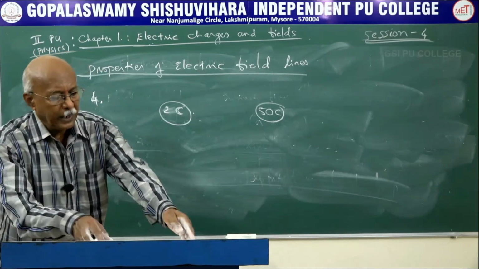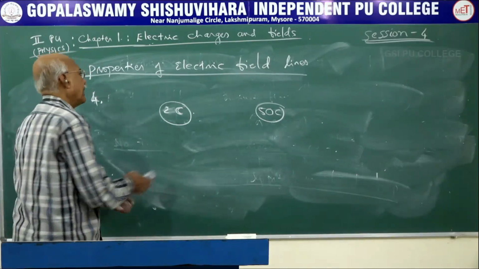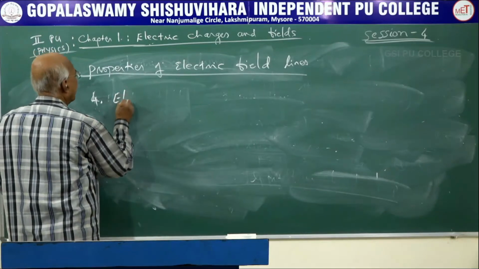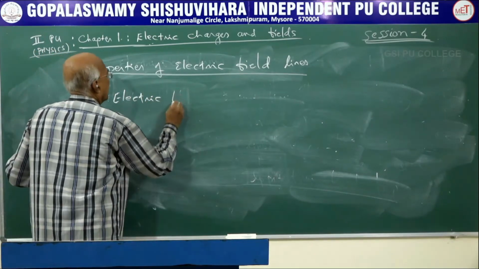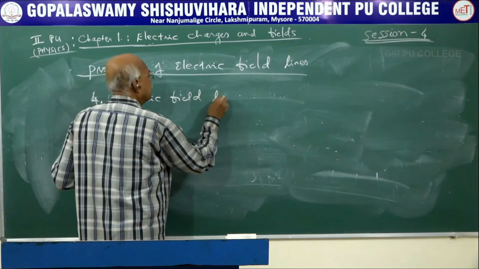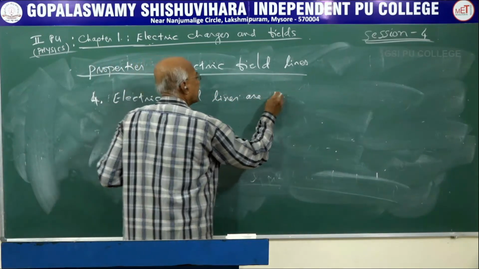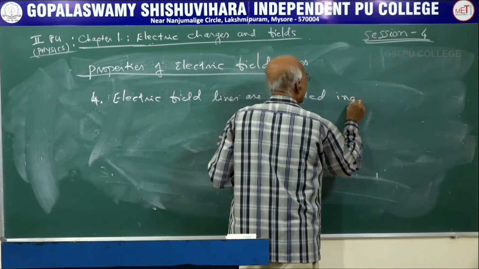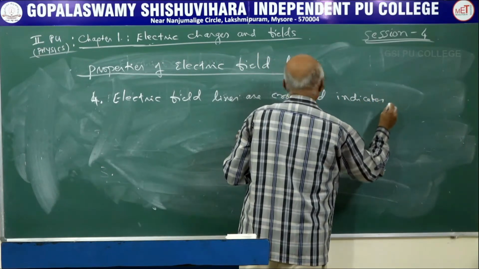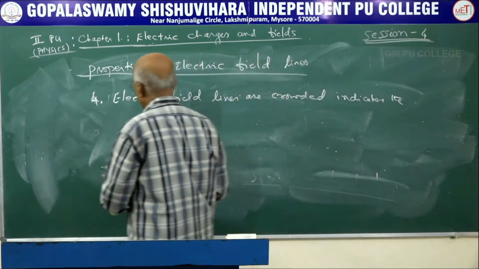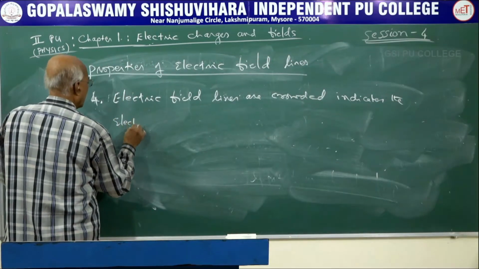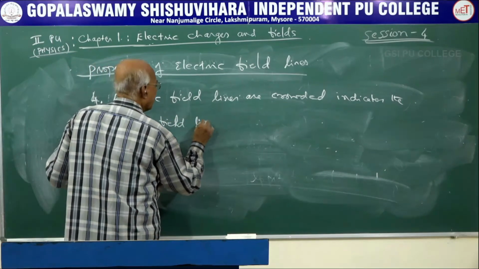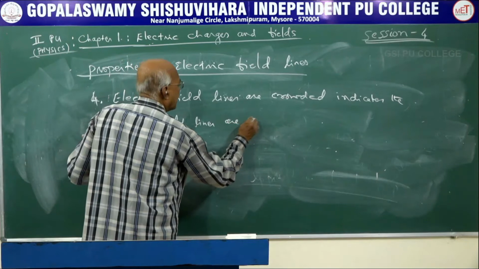So the fourth property we will write: electric field lines are crowded. Crowded indicates the electric field is stronger.